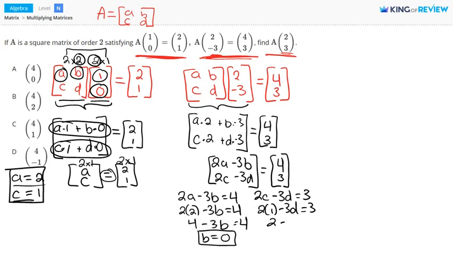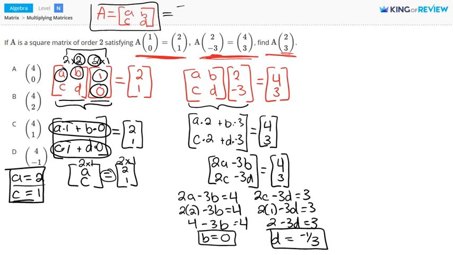This gives us 2 minus 3d equals 3. And solving for d, we get d is equal to negative 1/3. Now we know all 4 variables that are in this matrix A. Matrix A is 2, 0, 1, and negative 1/3. We now know what the entries are for matrix A.